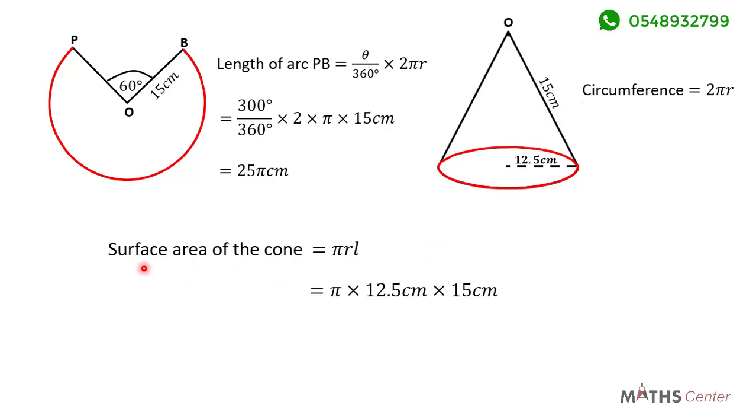So it means that the surface area of the cone is equal to pi times 12.5 centimeters times 15 centimeters. And this will give us 589.05 centimeters squared. So the surface area of the cone is 589.05 centimeters squared.